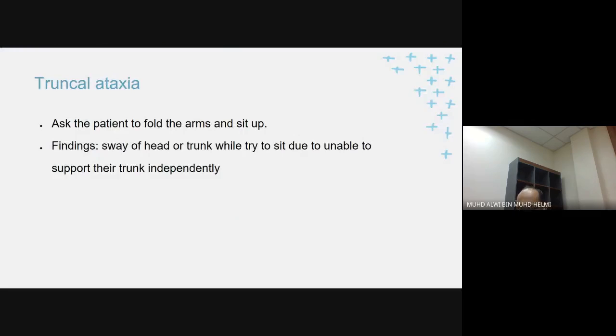Posture, truncal ataxia. For example, if you start your examination from lying down and then ask the patient to sit up, you have to differentiate whether this is because of weakness rather than ataxia.